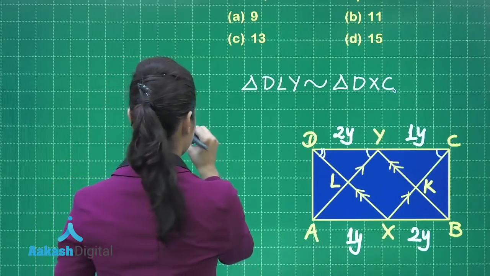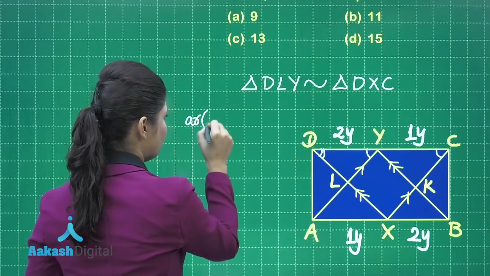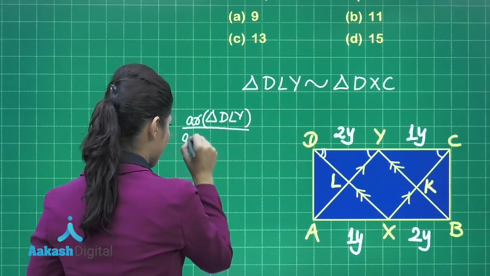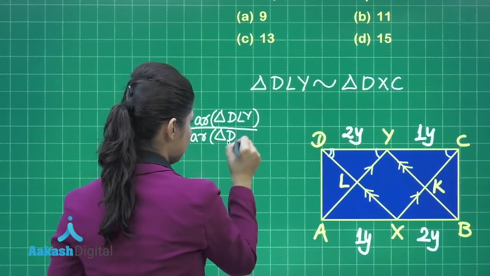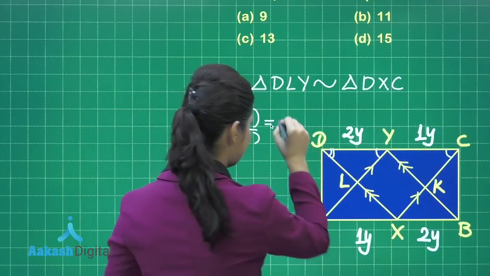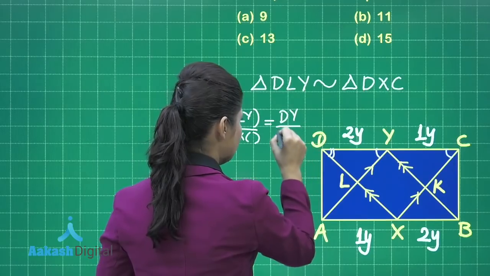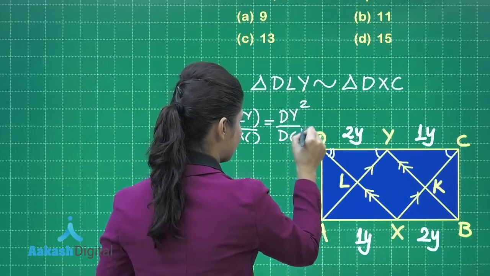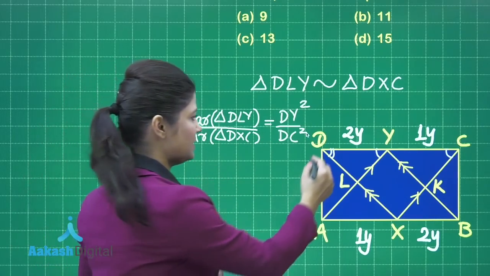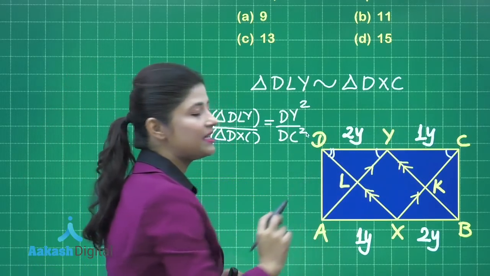So I can definitely write here that area of this triangle DLY upon area of this triangle DXC will be equal to the ratio of the square of the corresponding sides, which is DY upon DC, squared. So this helps me to obtain the required ratio. You can see this is 2 and this whole can be taken as 3y.